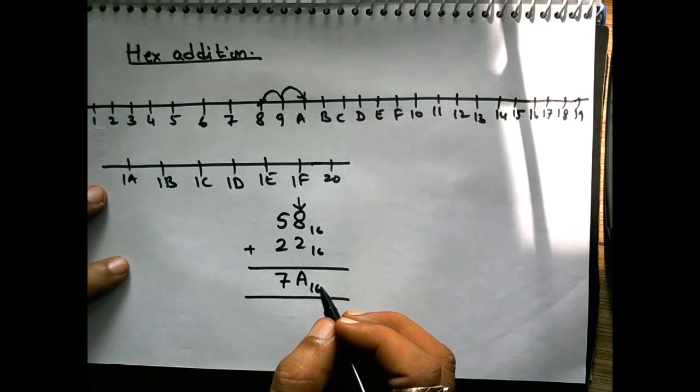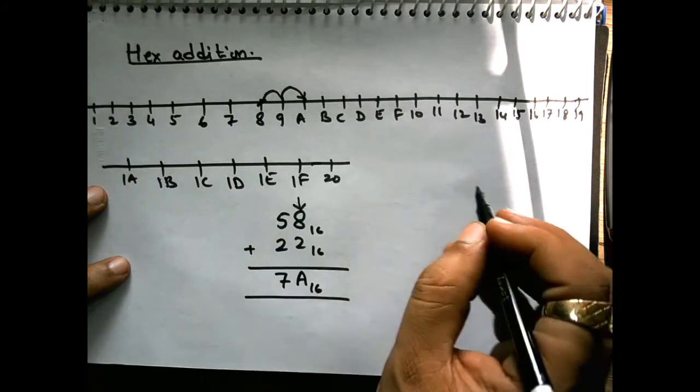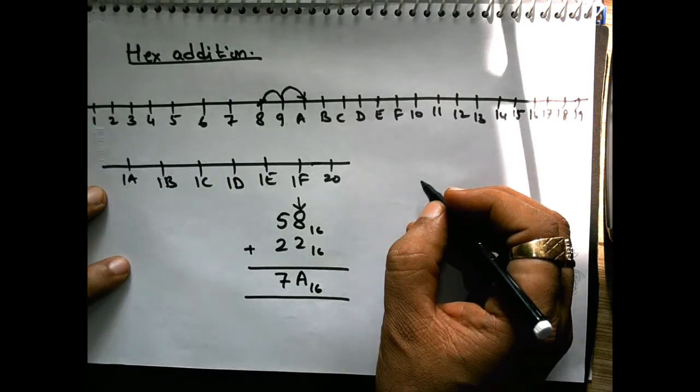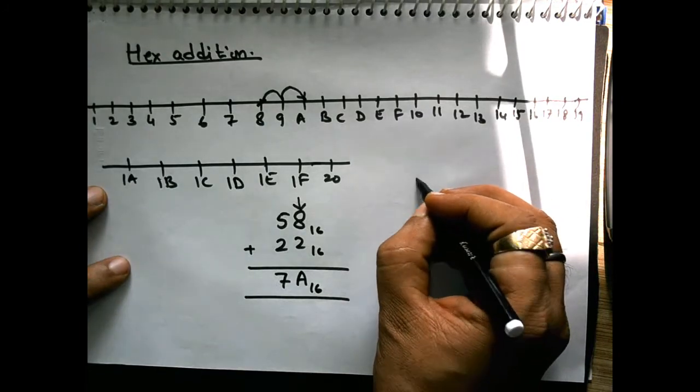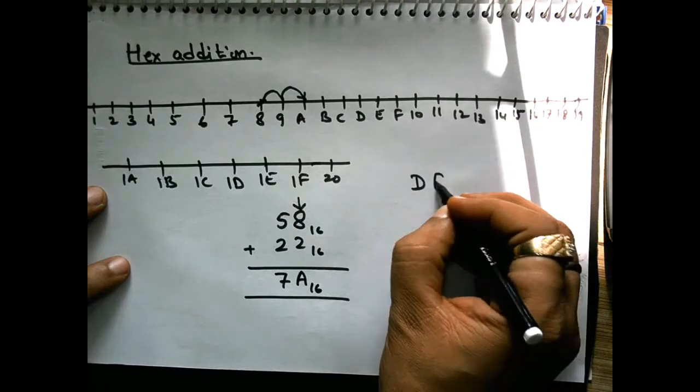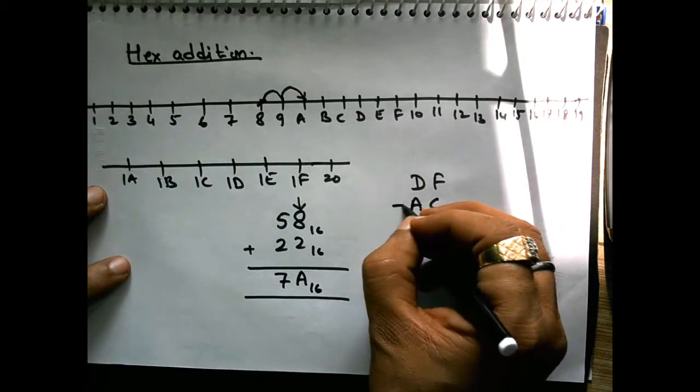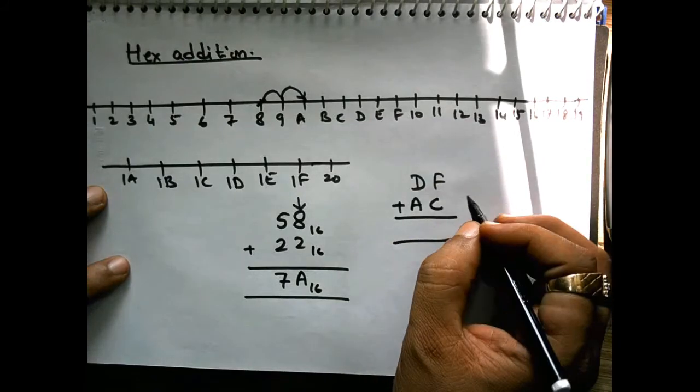But the problem becomes quite complicated if you move further and take higher and higher numbers. Suppose we are taking the addition of DF. AC has to be added with DF.